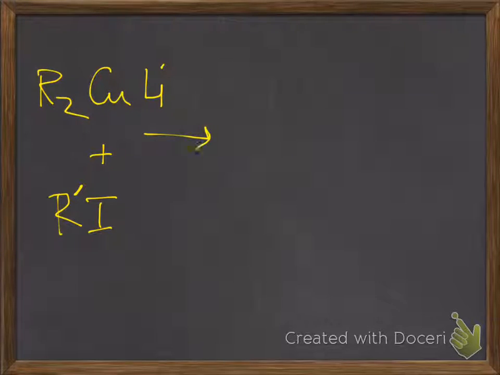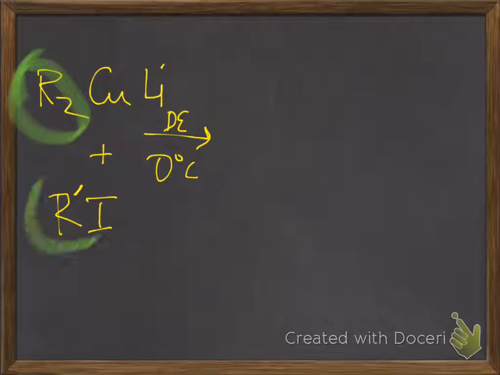You have to do this once again in diethyl ether or THF, because otherwise your alkyl groups, the ones that are delta minus, will attack the solvent if you use water or ammonia or something like that. And they typically do this at low temperatures. And in the end, what you're going to get is one of these R groups, only one of them, is going to connect with the second alkyl halide.